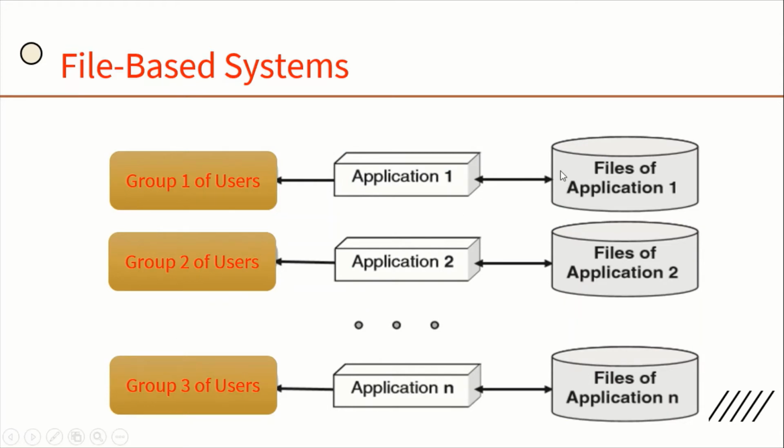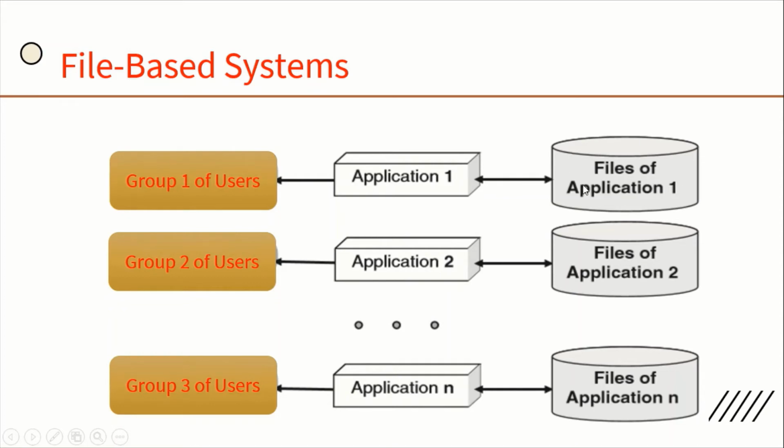Just now I told you that example, right? You can think of that example. Here one department has a file, another department has another file, and another department another file. Here application means our C language or C++ program. Then there are certain users who use this program, application one. Think about our college as an example.